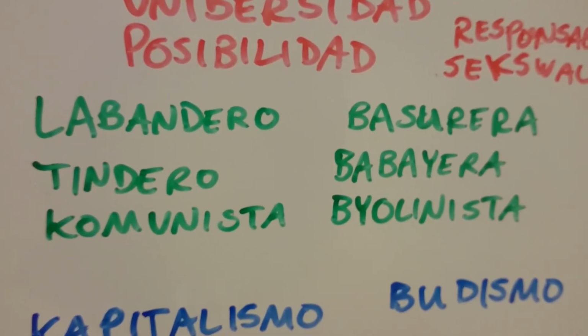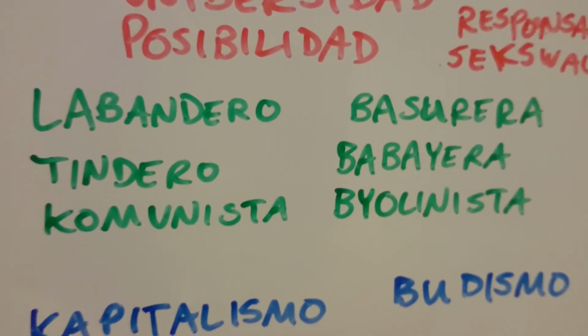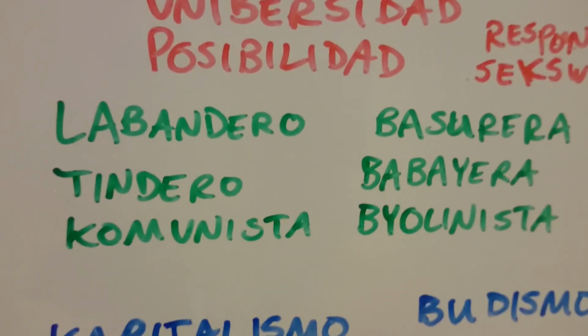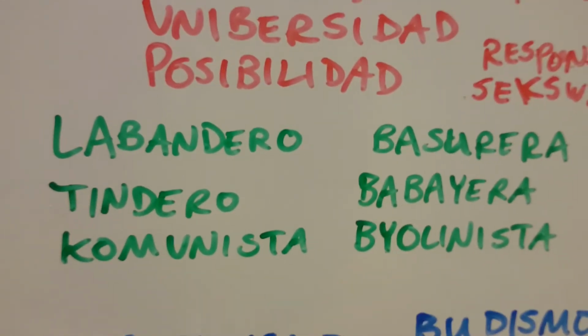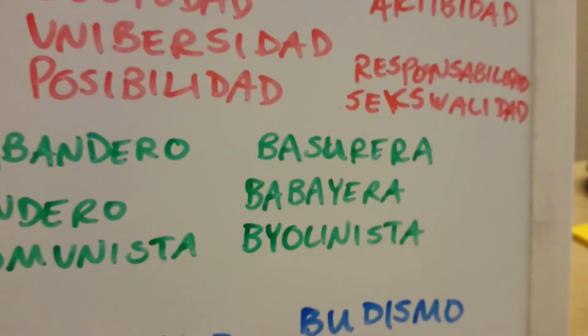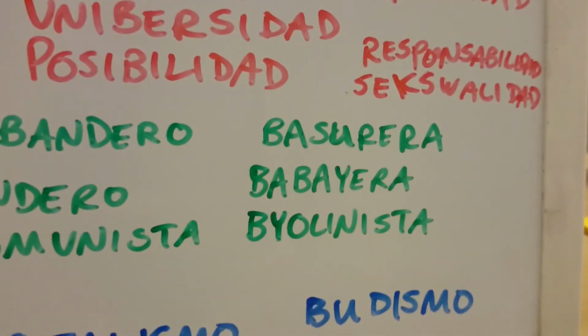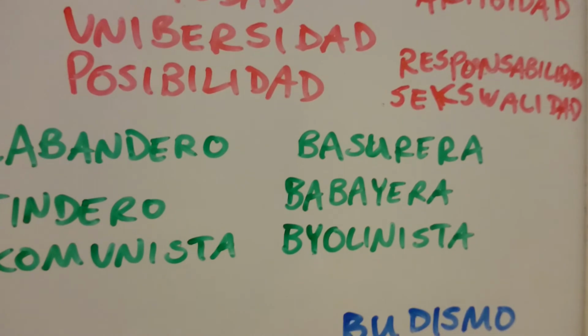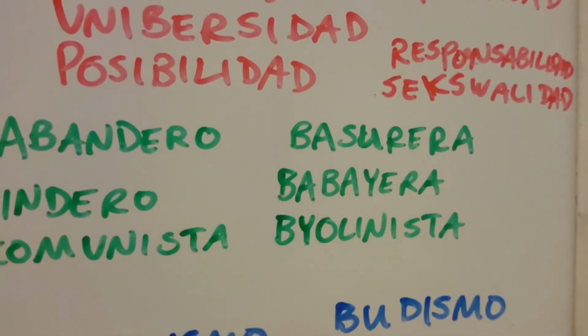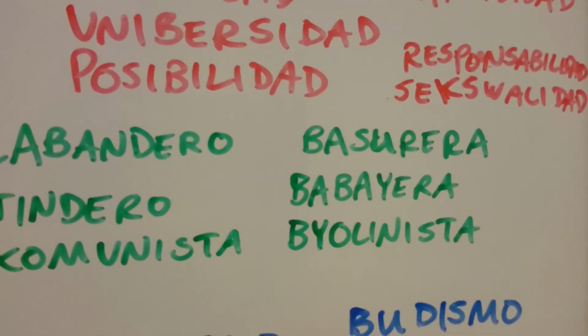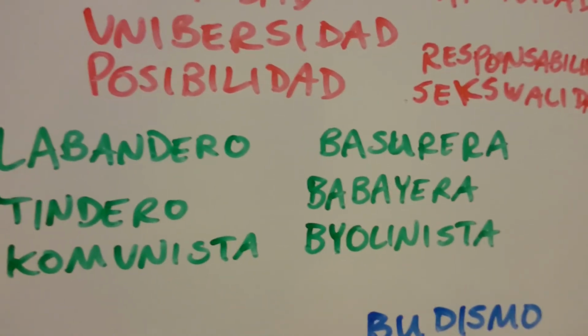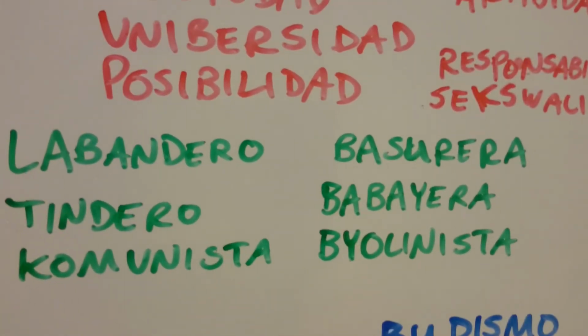Tindero is a shopkeeper, a storekeeper, and obviously tindero is the masculine form. Tindera is the feminine form. Basurera is a female garbage collector. Babayera is a lesbian, a female who likes other females or plays around with other females.